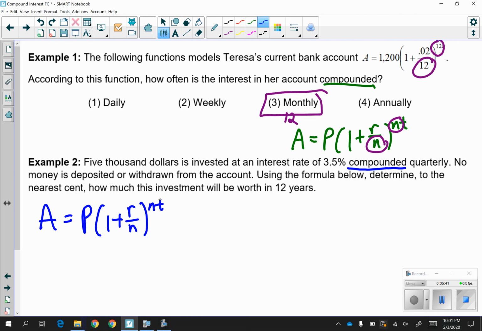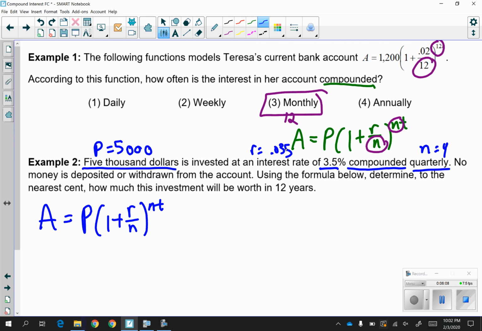Because they're telling us it's compounded quarterly, this tells us n is equal to 4. The $5,000 that we first put in is going to be your initial, or your principal, and the interest rate is going to be r equals, as a decimal, 0.035.